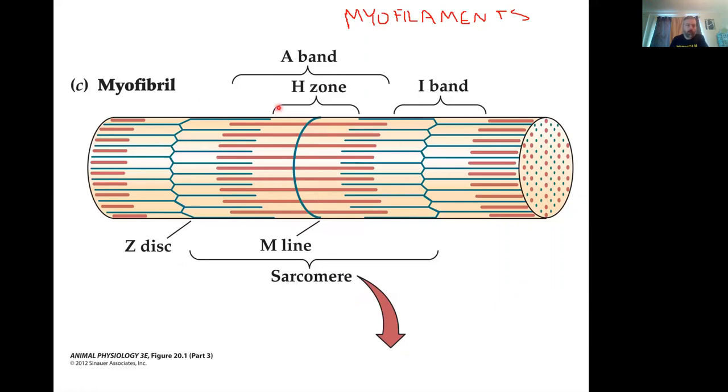We can see, according to this cartoon anyway, that it's divided out into several sections and zones, okay? And those sections and zones are defined by the overlap of the myofilaments within it, right? So here we've got these blue myofilaments and these orange myofilaments.